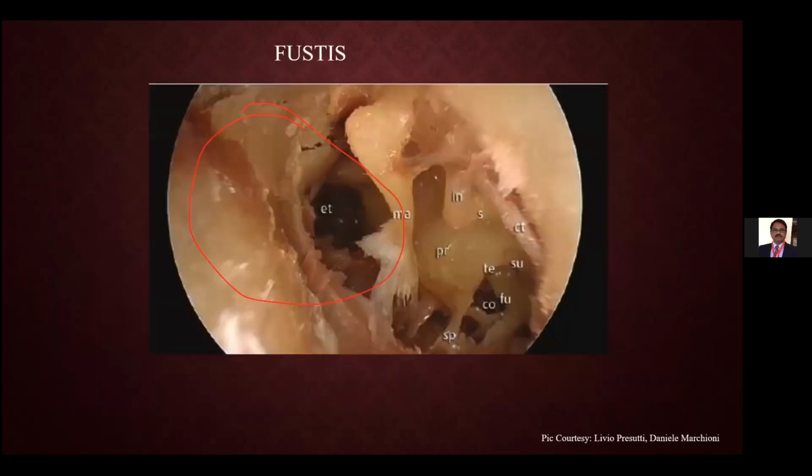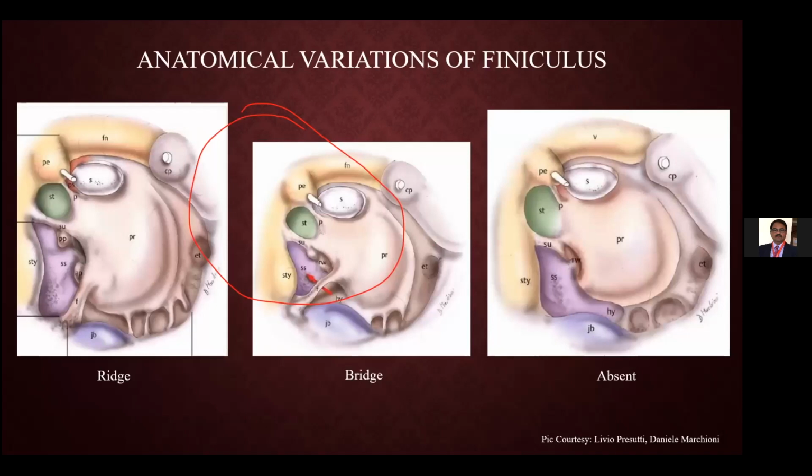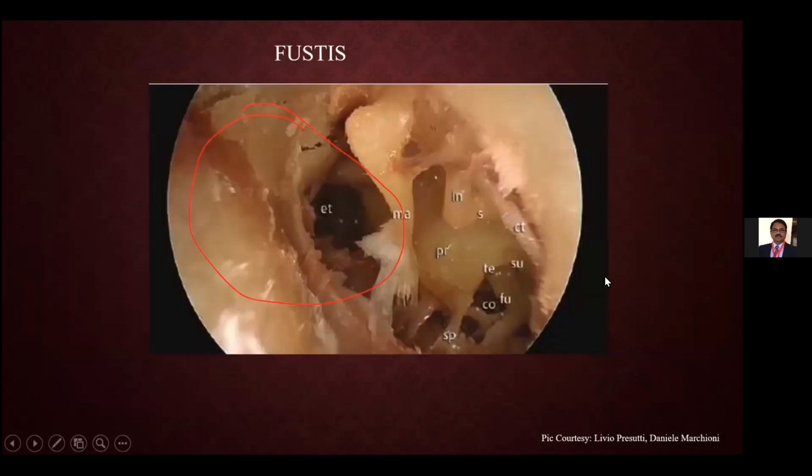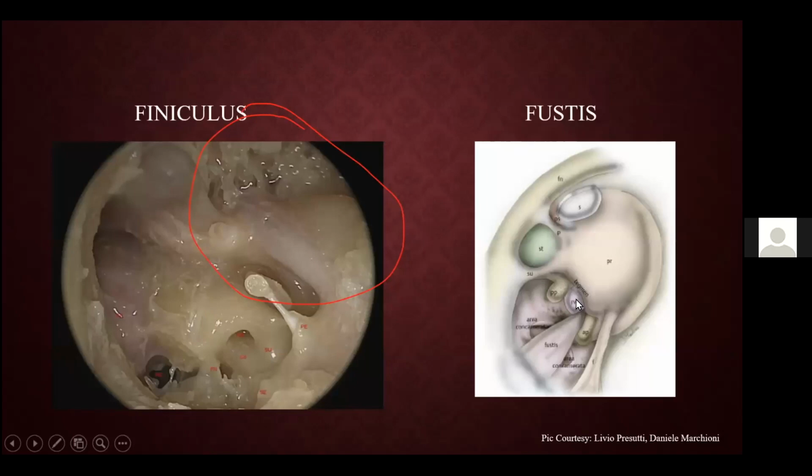Any more queries, friends? Landmark for the round window? Sir, for the round window, it is said that the two bony ridges, that is the subiculum and the funiculus, form the superior and the inferior limit of this round window niche in the inferior retrotympanum area.